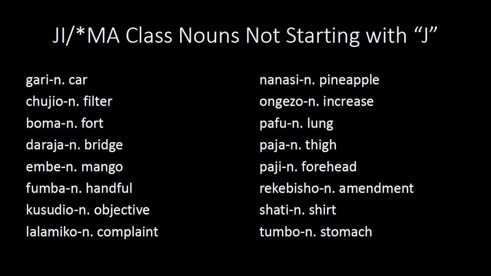Put them around the house. You might want to put a sticky note in your car to remind you that that's how you say car, gari, or put a sticky note on a shirt in your closet, so that you can remember that that's how you say it in Swahili, shati, and so on.